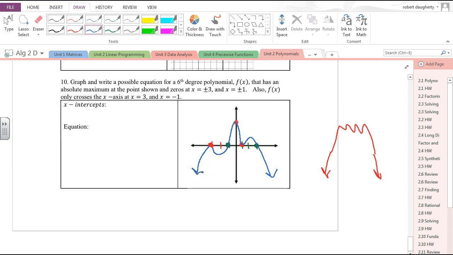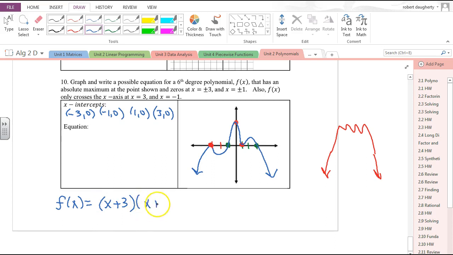So its x-intercepts are at what? -3, 0, -1, 0, 1, 0, and 3, 0. And what is the equation? Well, the ones where it cannot cross. So if I look at f of x, let's just write it here, f of x equals, so at -3, it's going to have x plus 3 as a factor.